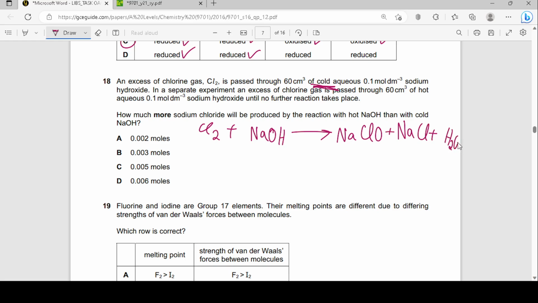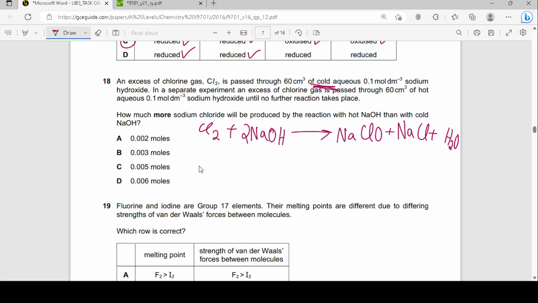So if you balance that, then you just have 2 NaOH, and that's balanced, right? Wait, that seems balanced, definitely 2H, so H2O. Oh, right, it's balanced. Okay, so that's the equation for the first one.